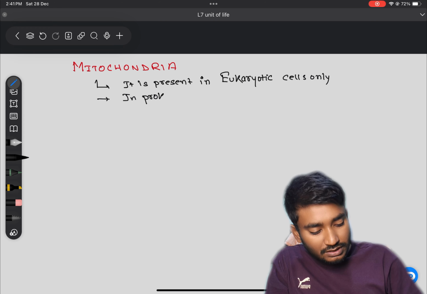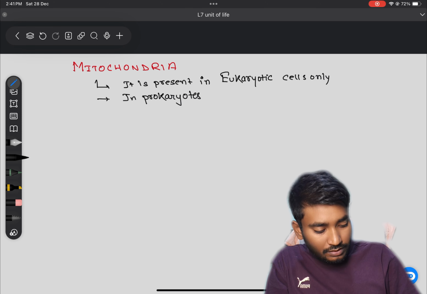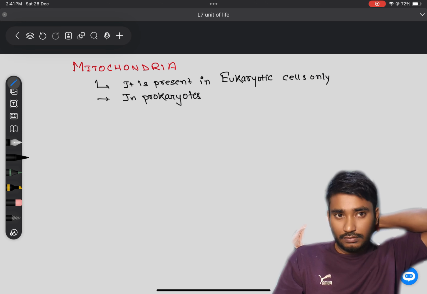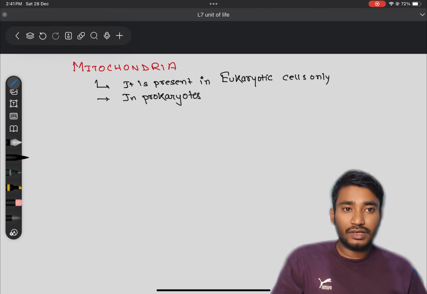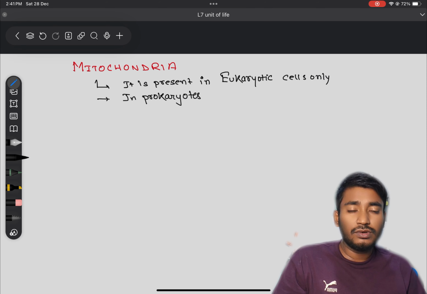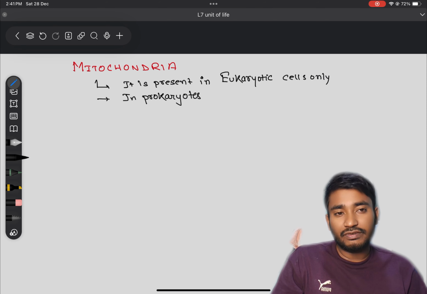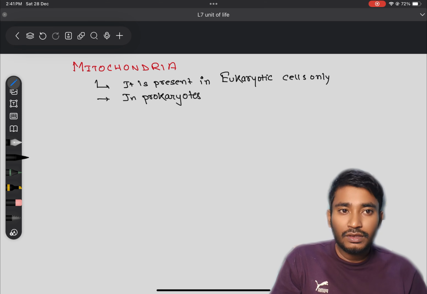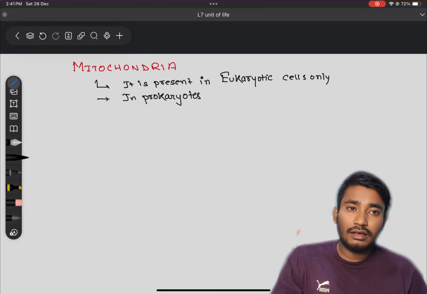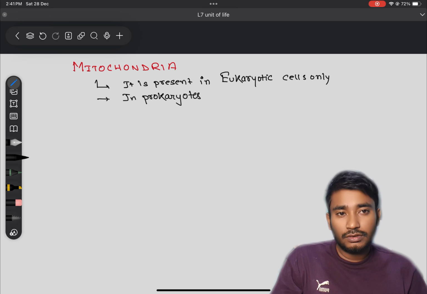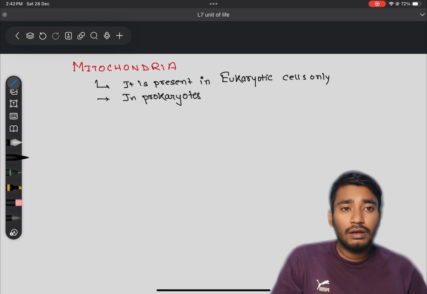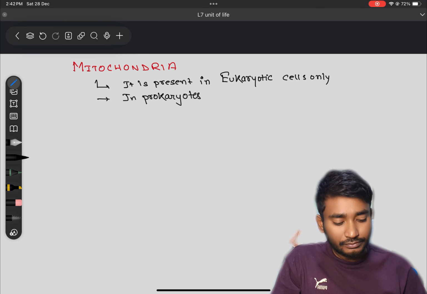In prokaryotes, I have made you study in lecture 1 or lecture 2 that the function of the mitochondria, or the power of the cell, is generated in the mesosome. So the mesosome structure is actually present in prokaryotes, and the eukaryotes only have mitochondria.